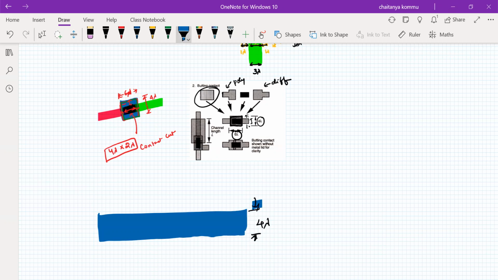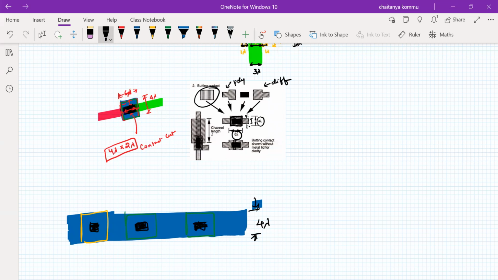For example, I have one contact here, another contact here, something like this. Another contact is also provided here. So here we have to consider the metal contacts. Here also we have to maintain the metal contact cuts. So a contact cut is required here also.